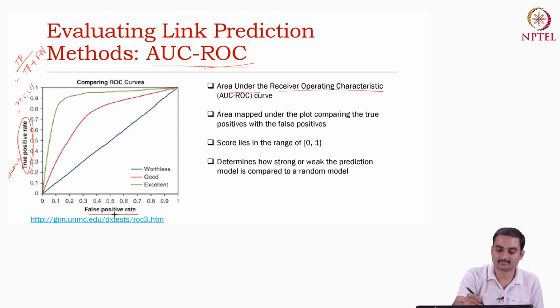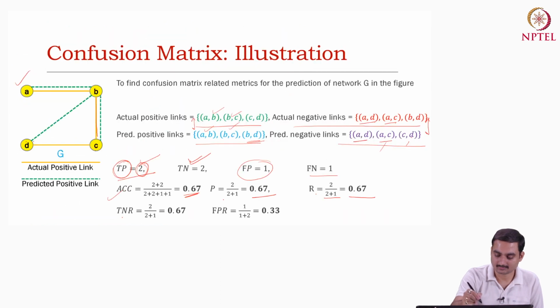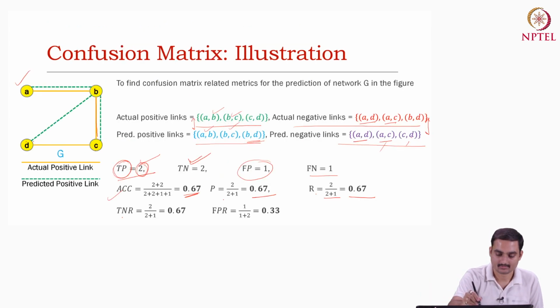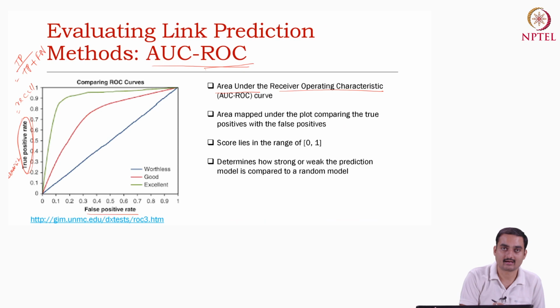And what is the false positive rate? We have already seen that the false positive rate is 1 minus the true negative rate, and the true negative rate is called specificity. So the false positive rate is 1 minus specificity. So we draw a curve where the x-axis is 1 minus specificity and the y-axis is sensitivity.